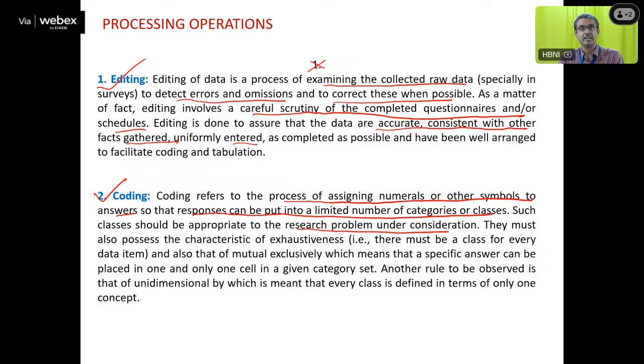They must also possess the characteristic of exhaustiveness, that there must be a class for every data item, and also that of mutual exclusivity, which means that a specific answer can be placed in one and only one cell in a given category set. Another rule to be observed is that of unidimensionality, by which it is meant that every class is defined in terms of only one concept.